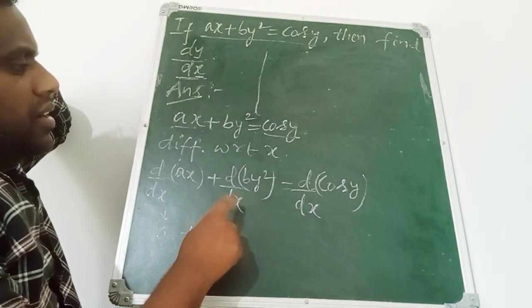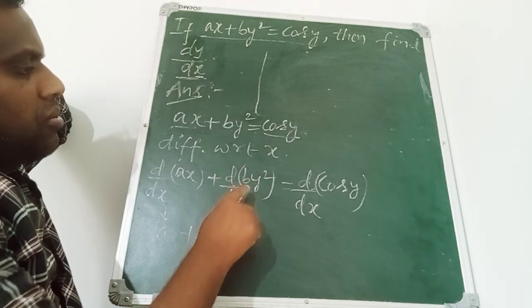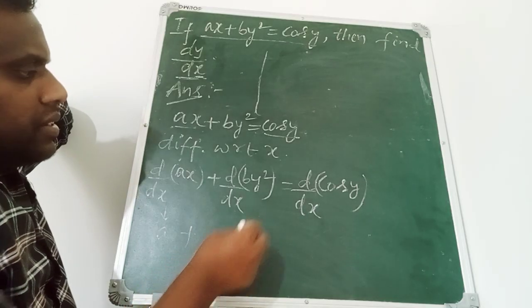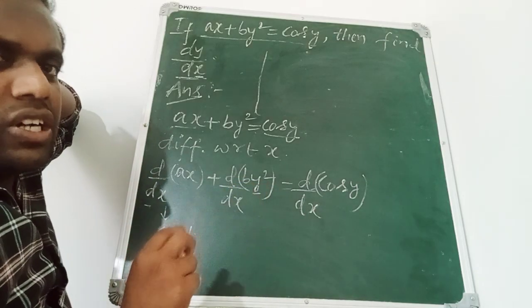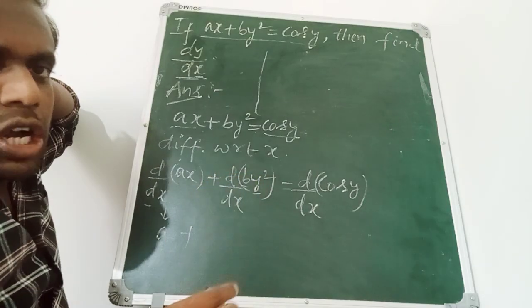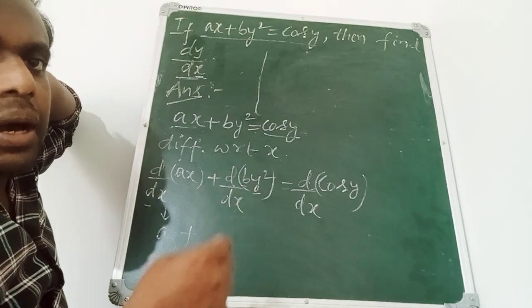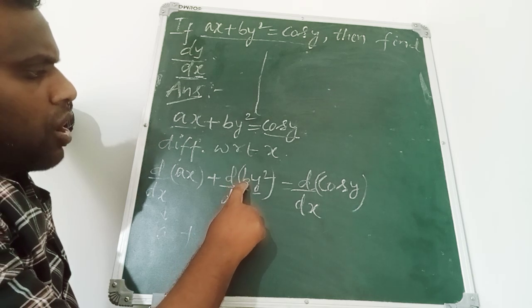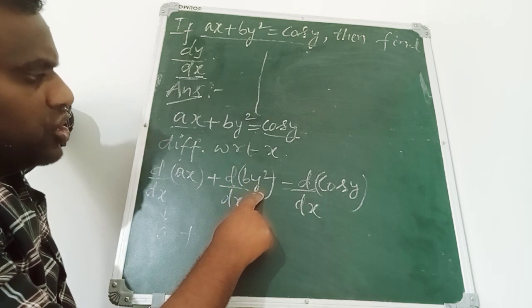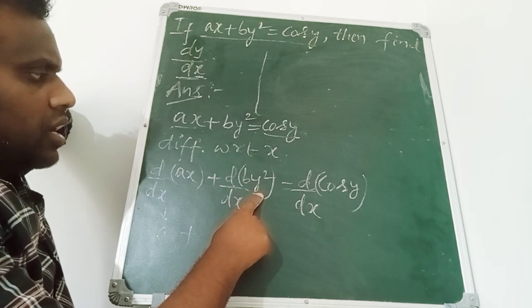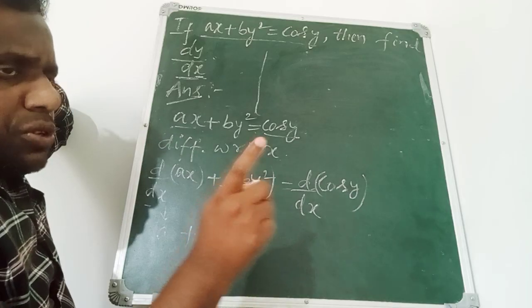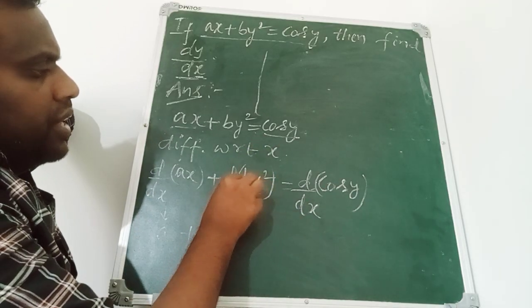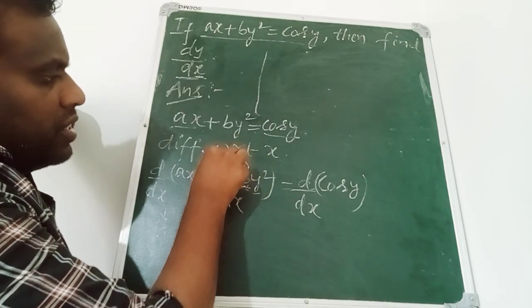So this is like d by dx of by square. See here, y is a function but b is a constant. It's a number. So remember, when there is a constant into some function, if you are differentiating with respect to x, you can take this constant b outside.